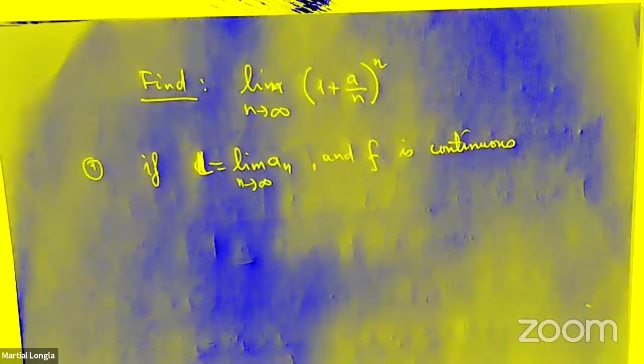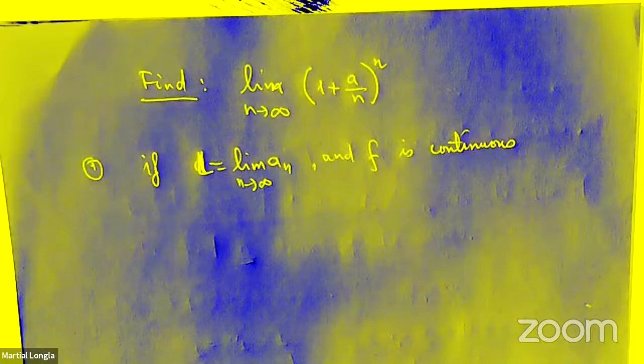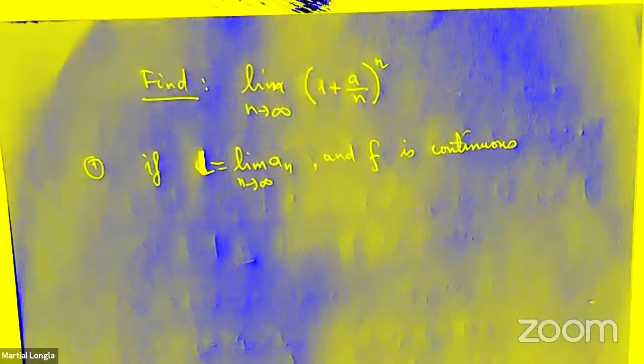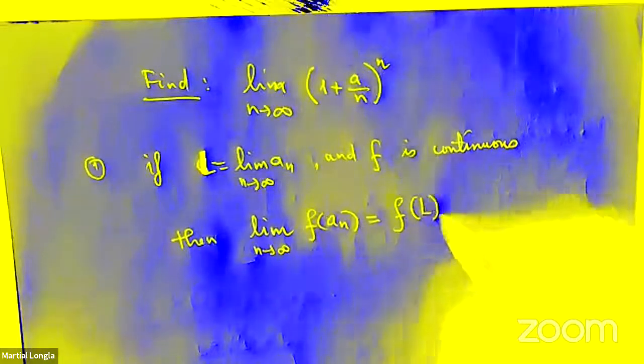This is like recalling what you did in your calculus 2 class for continuous functions. If you have a continuous function and you have a sequence an that has limit L, then the limit as n goes to infinity of f of an is equal to f of L.